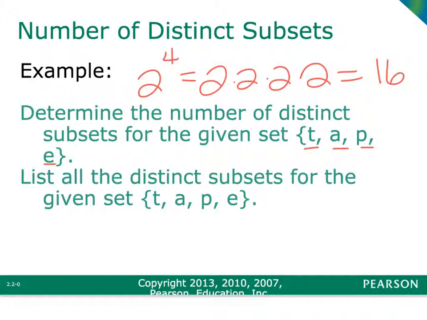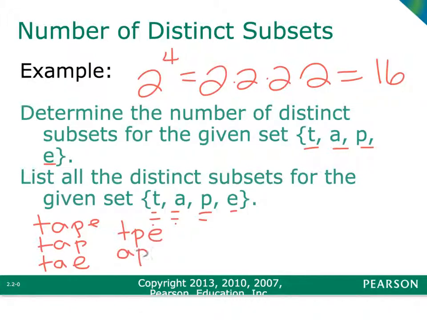So, for example, one of your sets could have all 4 elements, T, A, P, E. Your sets could also have 3 elements, T, A, P, T, A, E, T, P, E, and A, P, E. Your set could also have 2 elements, TA, TP, TE, AP, AE, PE.